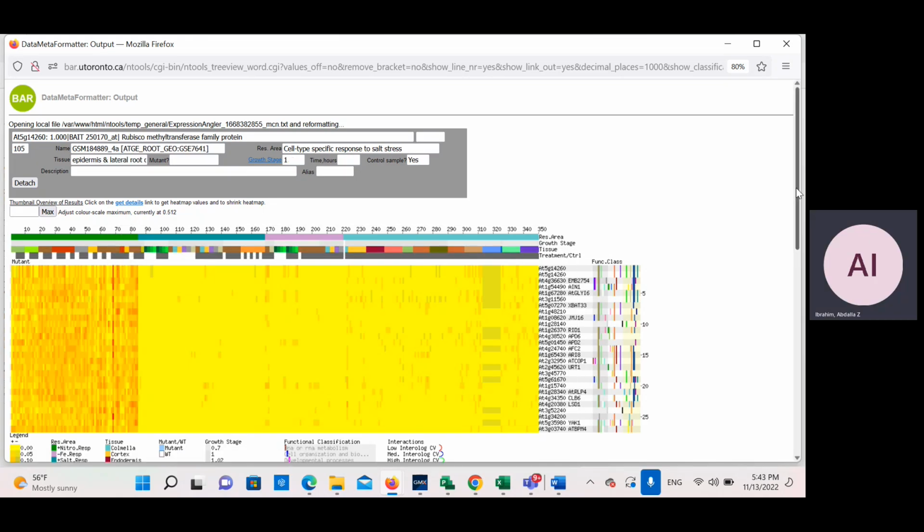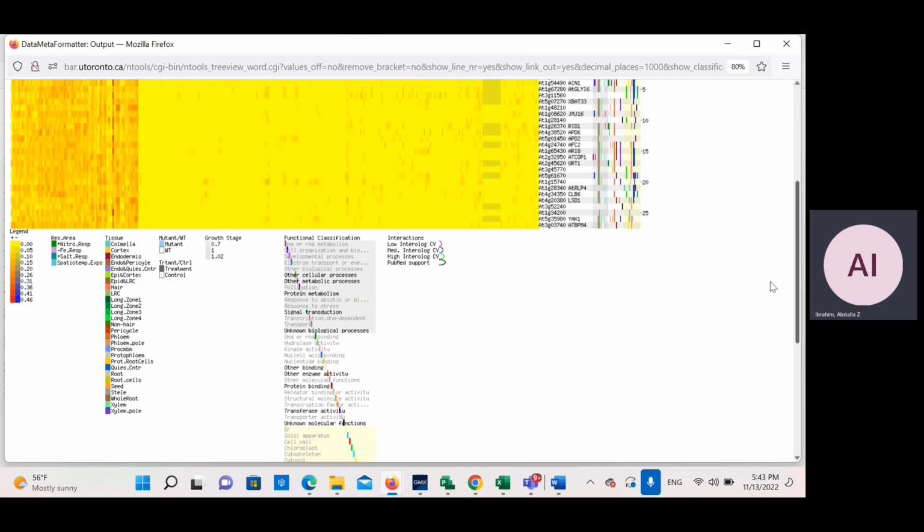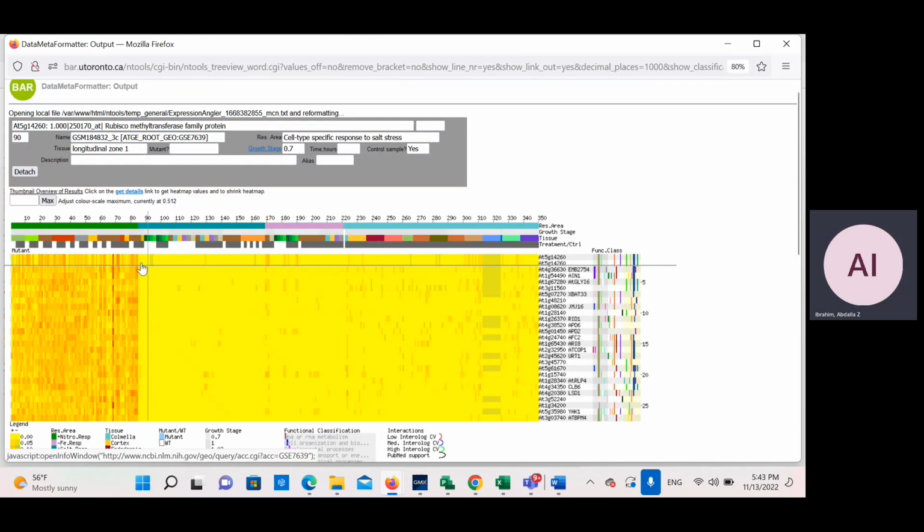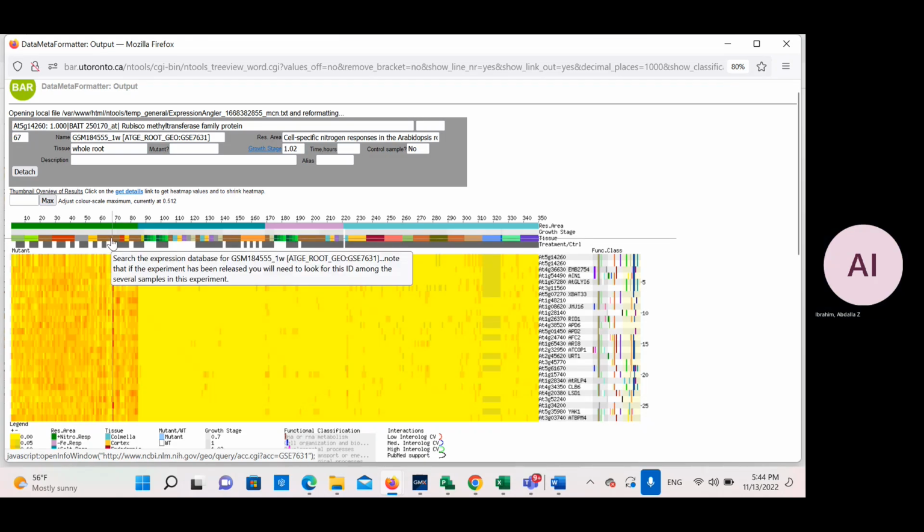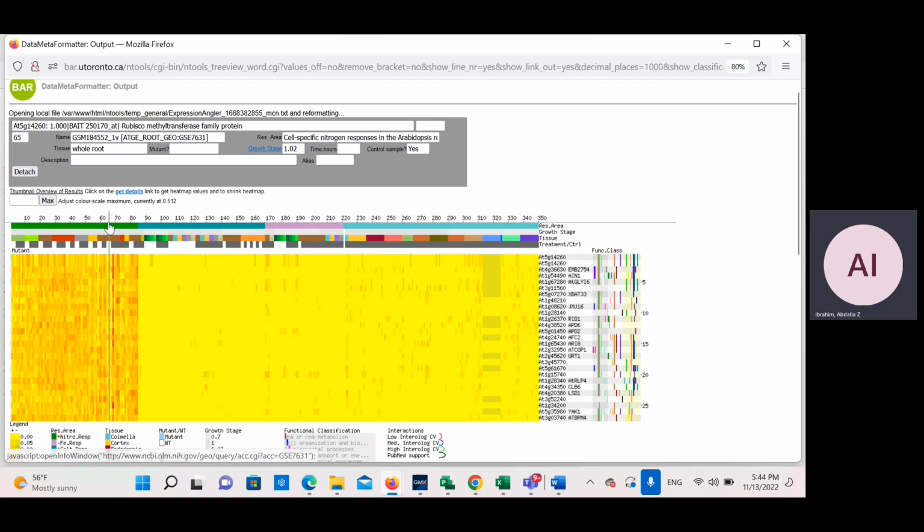And here these are the colors of the different tissues. You could find out the specific one. If we're interested in this column, you could look at this brown and it should tell you what type of tissue that is.